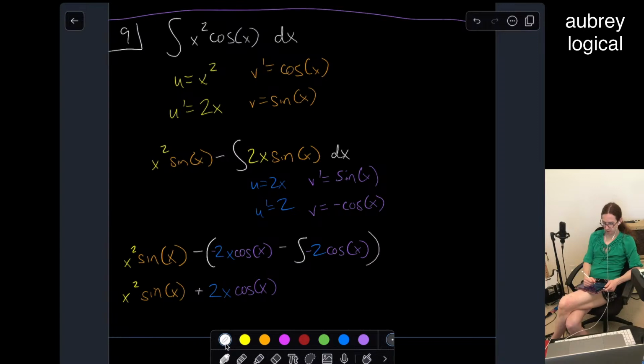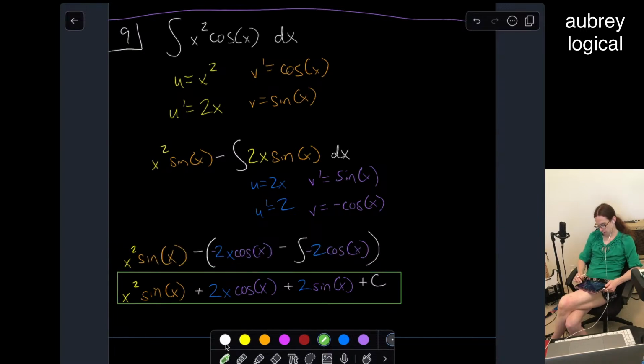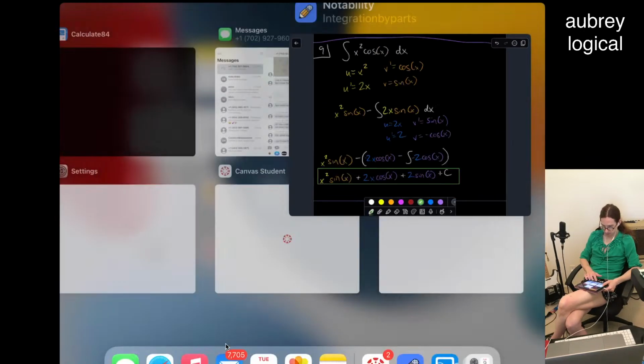So the integral of -2 cosine of x becomes -2 sine x. So it would be a minus and a minus, so it should be a positive. That should be right. x squared times cosine of x.